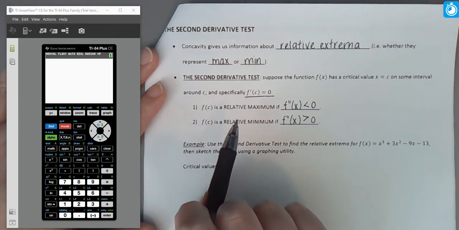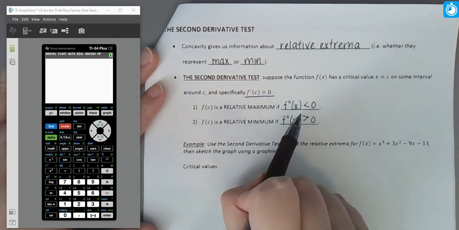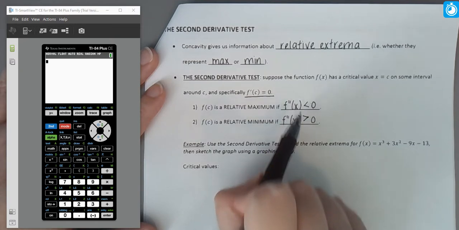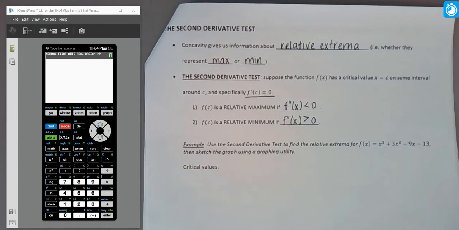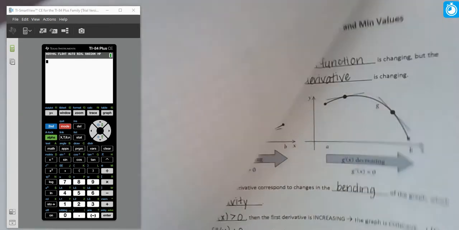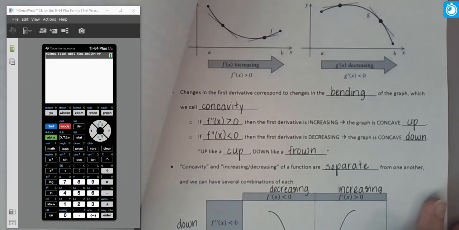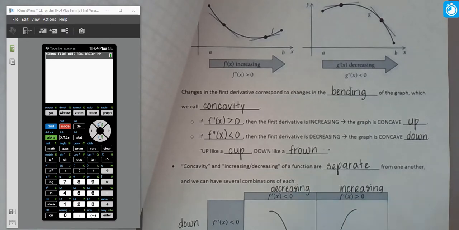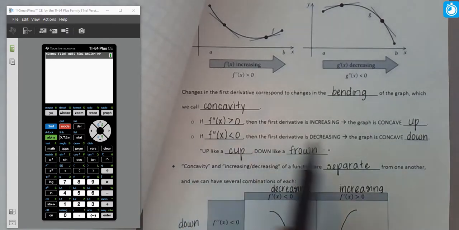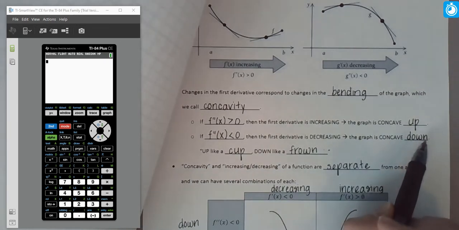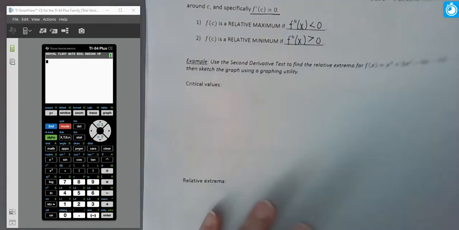Well, we have to think about what the shapes are for the graphs corresponding to these values of the second derivative. So let's flip back over. What does it mean for the second derivative to be negative? What does it mean for the second derivative to be positive? If the second derivative is negative, that means our graph is concave down. Remember, down like a frown.